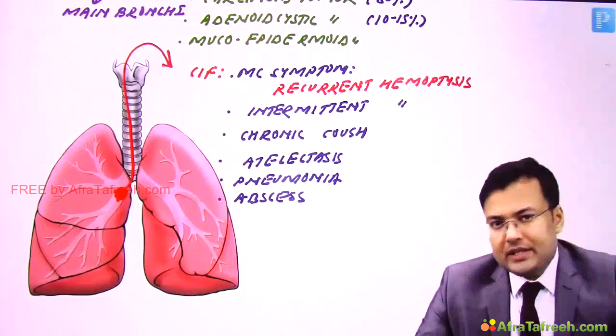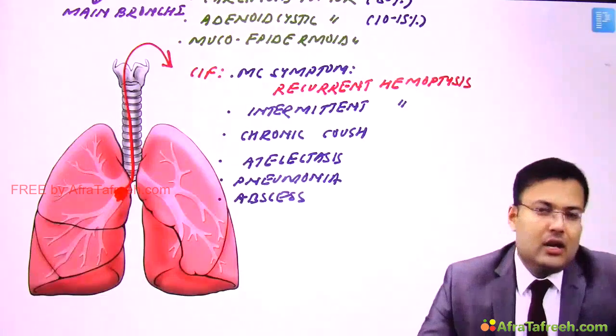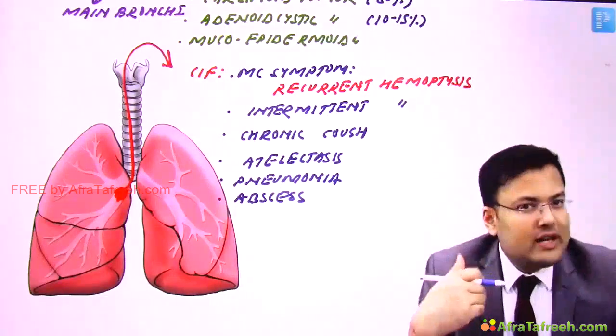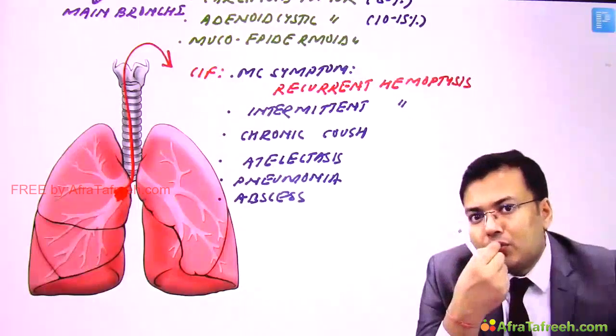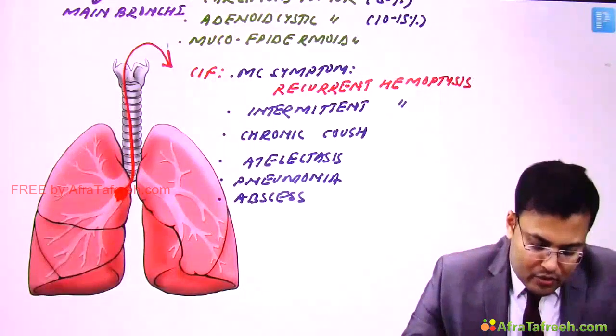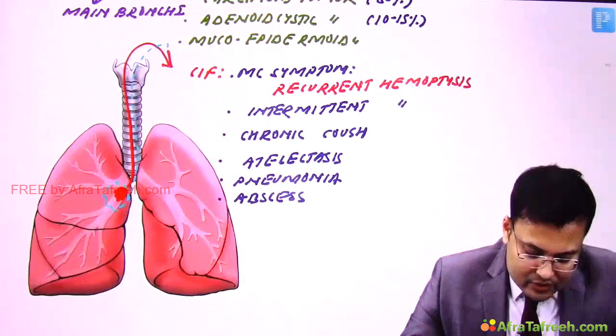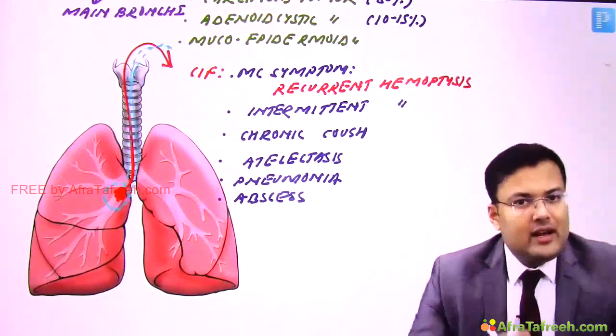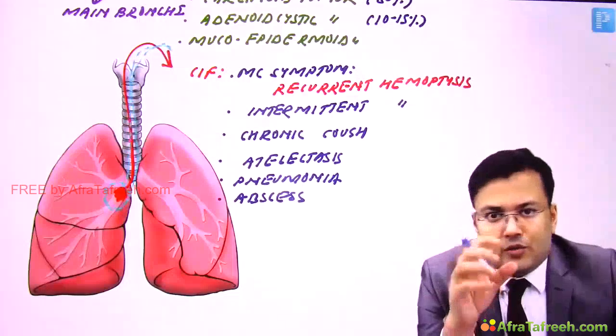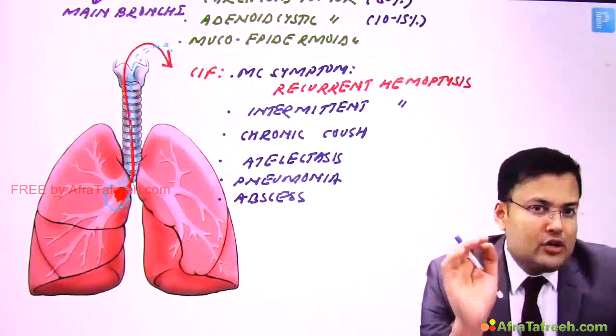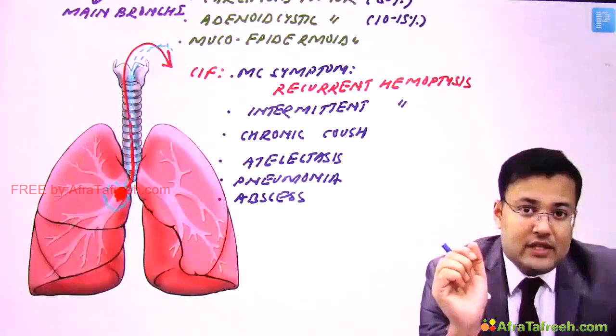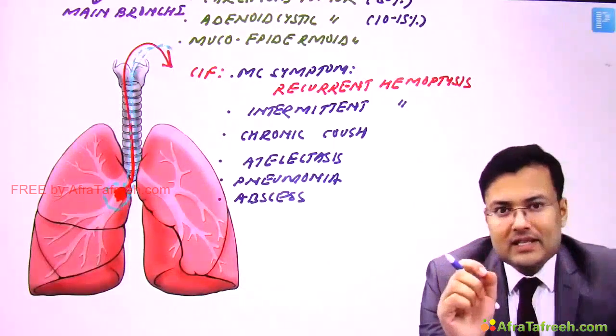Now the location is in the main bronchi. So how are you going to diagnose the bronchial adenoma? We have to perform a bronchoscopy. If you perform the bronchoscopy, you can easily diagnose this tumor. And whenever we perform bronchoscopy, we take the biopsy also. So investigation of choice for diagnosis is bronchoscopy plus biopsy.